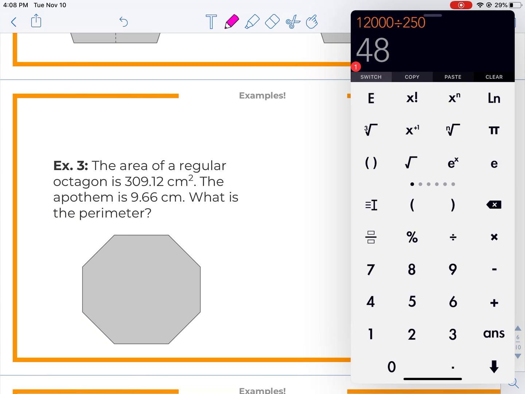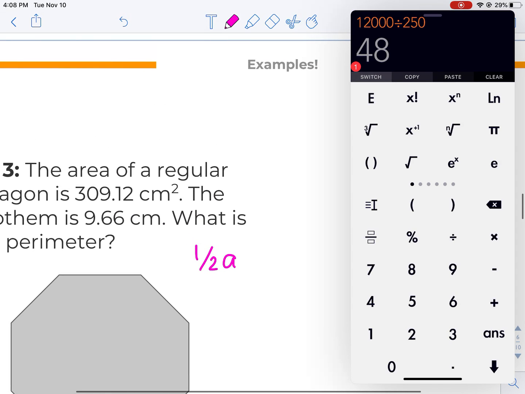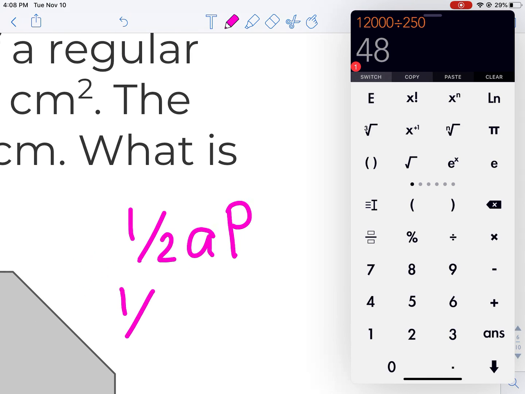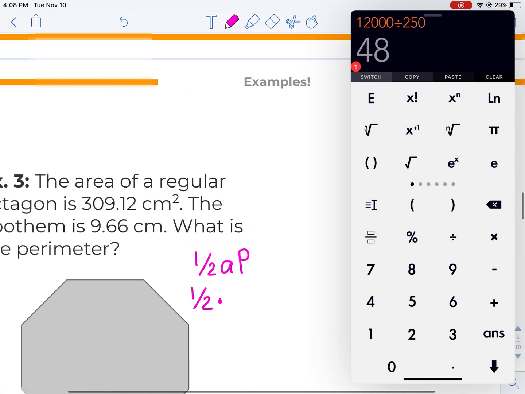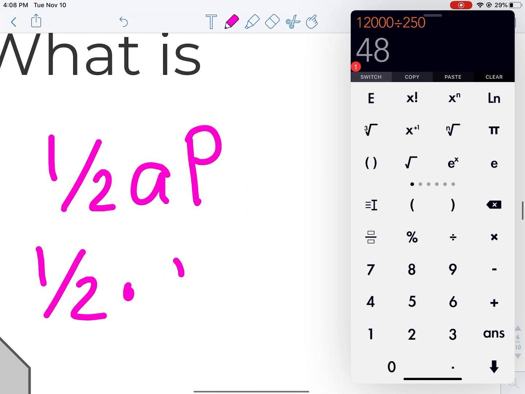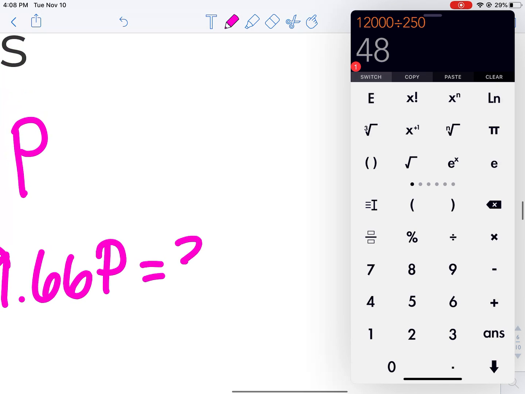I can also do problems solving for the perimeter. In this one, I could use my apothem side number of sides formula, but once I solve for the side length, I would just have to turn around and multiply again. So I'm going to choose instead to use my 1/2 apothem times perimeter formula because it works the exact same, it's just one less step. Plug in everything I know. That'll equal my area, 309.12.